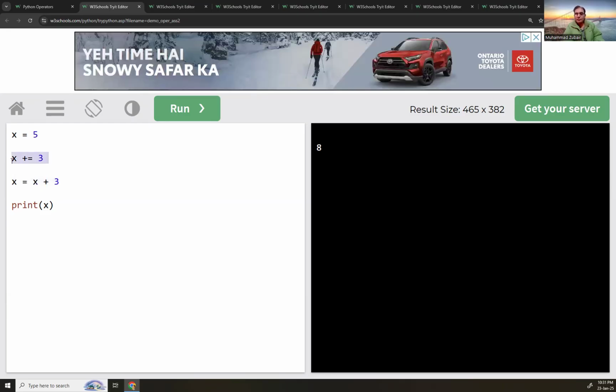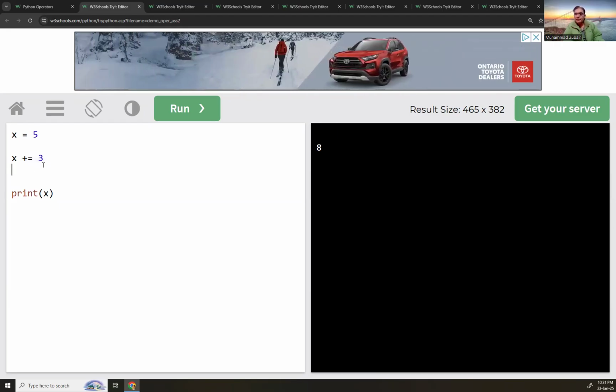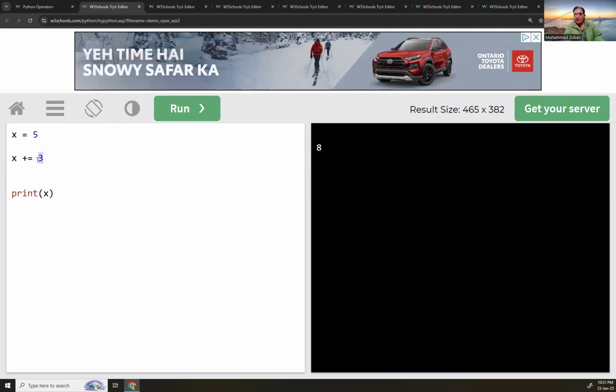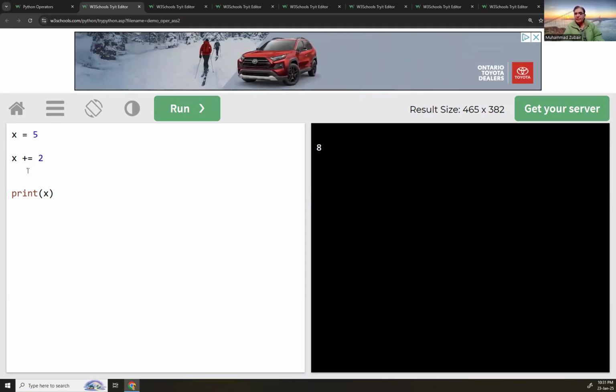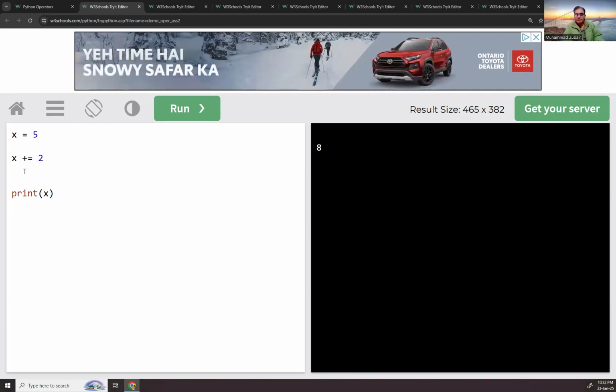This is the same thing, okay? So I'm deleting it. What does this mean? This means x is equal to x plus 2, and it's going to make 7.